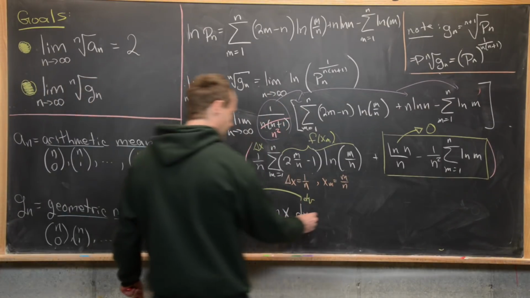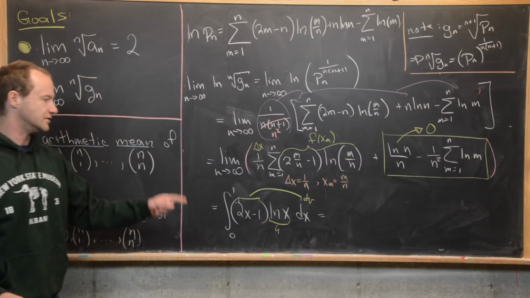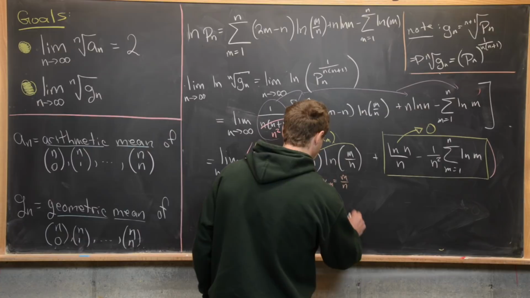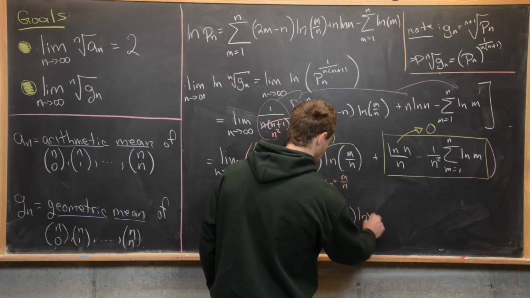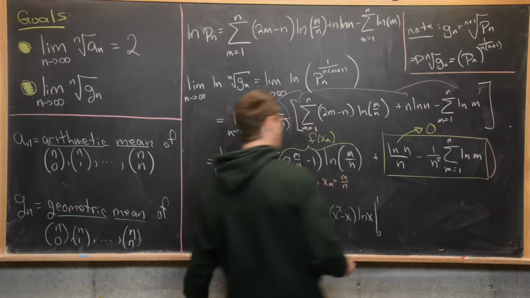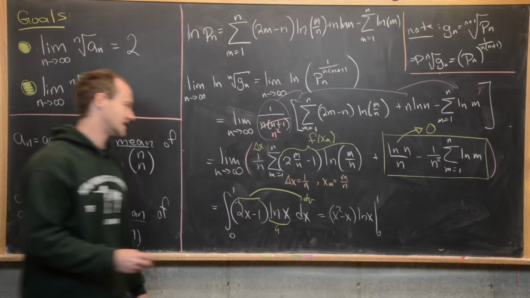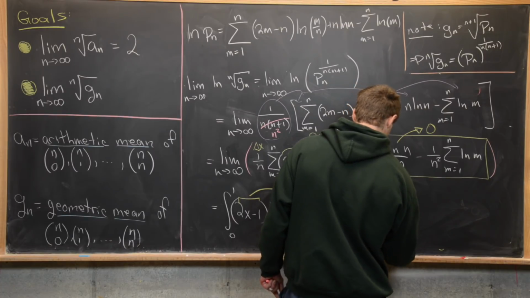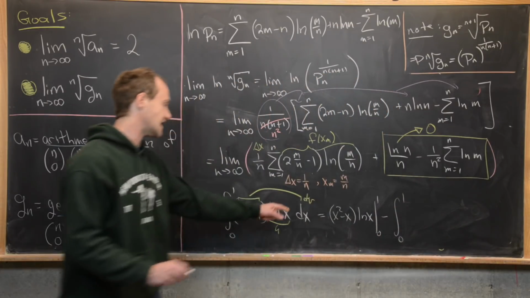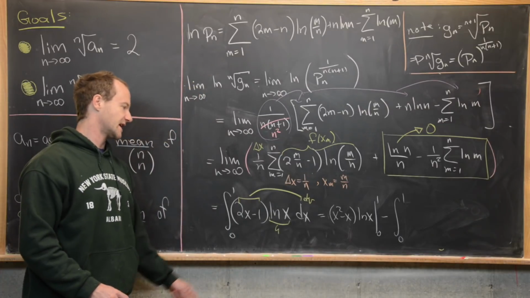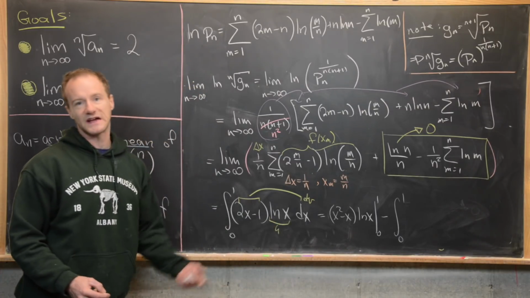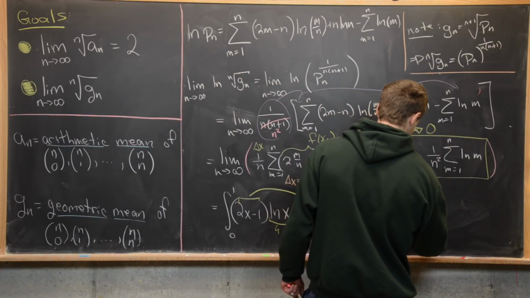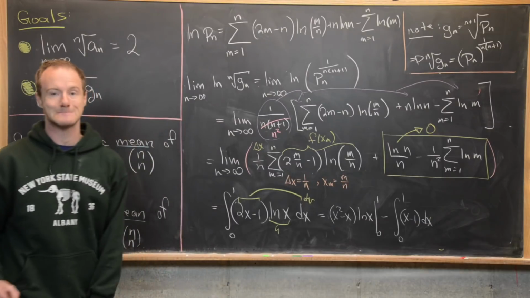And then the integration by parts formula says that you're going to do u times v, so that will be x squared minus x times the natural log of x, evaluated from 0 to 1, minus the integral of v du. So that's going to be minus the integral from 0 to 1 of v, which is that x squared minus x, times du, but that's going to be 1 over x, so that's going to be x minus 1 dx. So something like that.